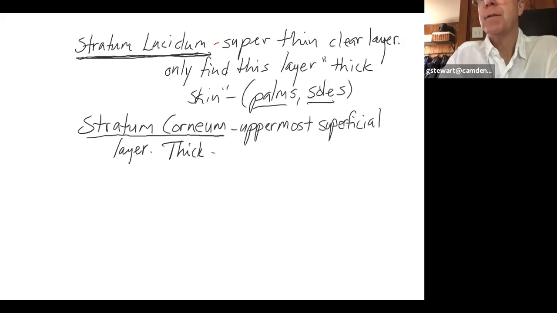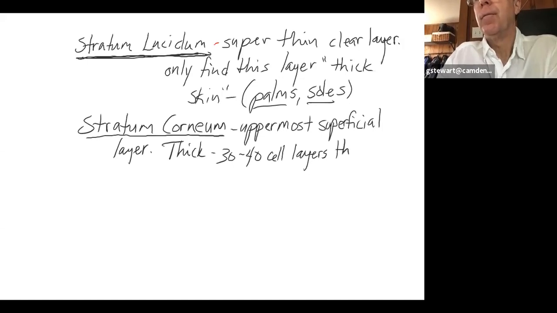This is actually something like 30 to 40 cell layers thick. It depends on where on the body you're talking about, but in general, anywhere from 25 to 40 cell layers thick.